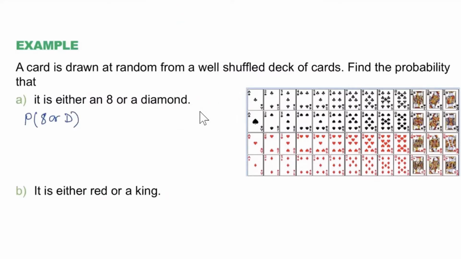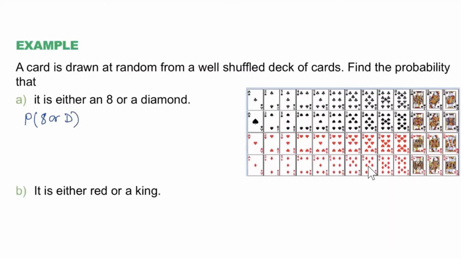Now, let's think on this. When you are pulling a card from here, if it happens to be 8, do you think that it can also be a diamond? Yes or no? Yes, it could be. Yes, there is an 8 of diamond, right?